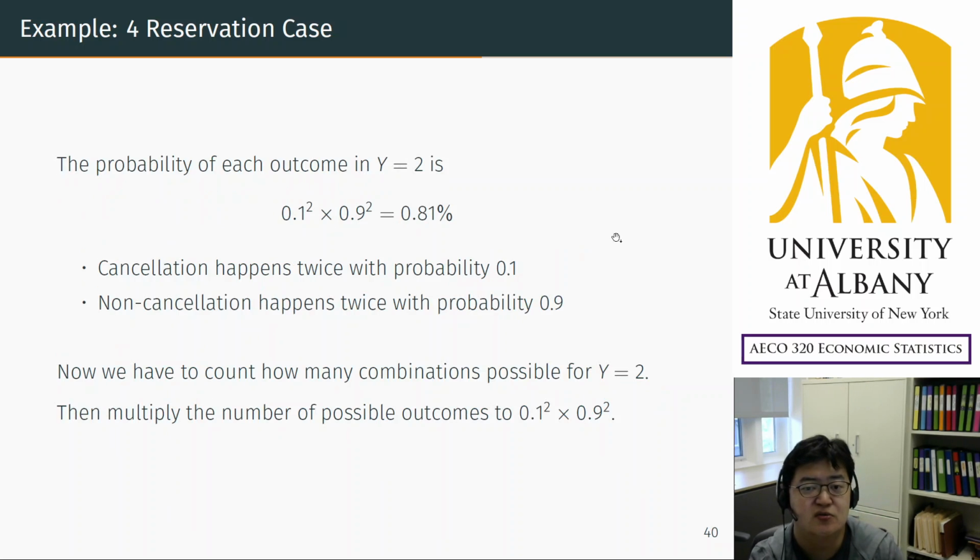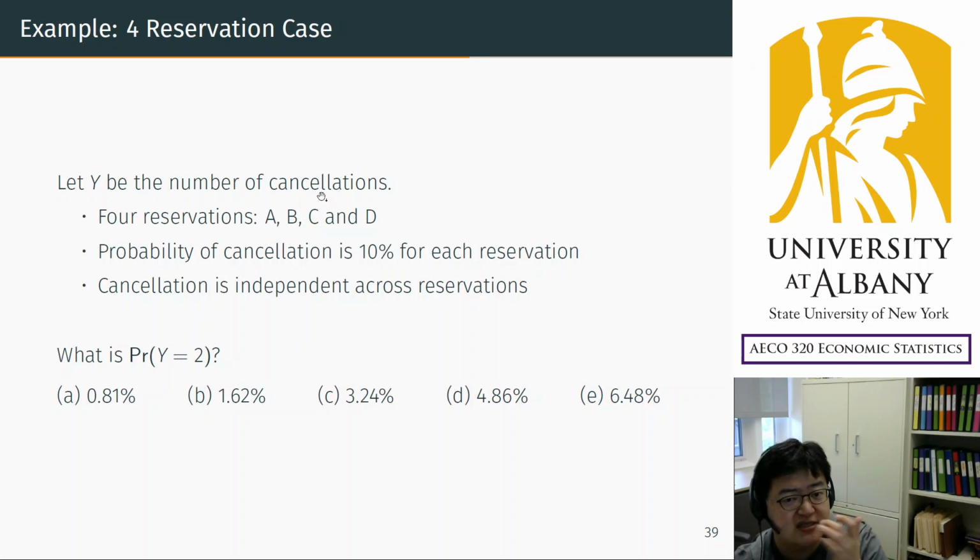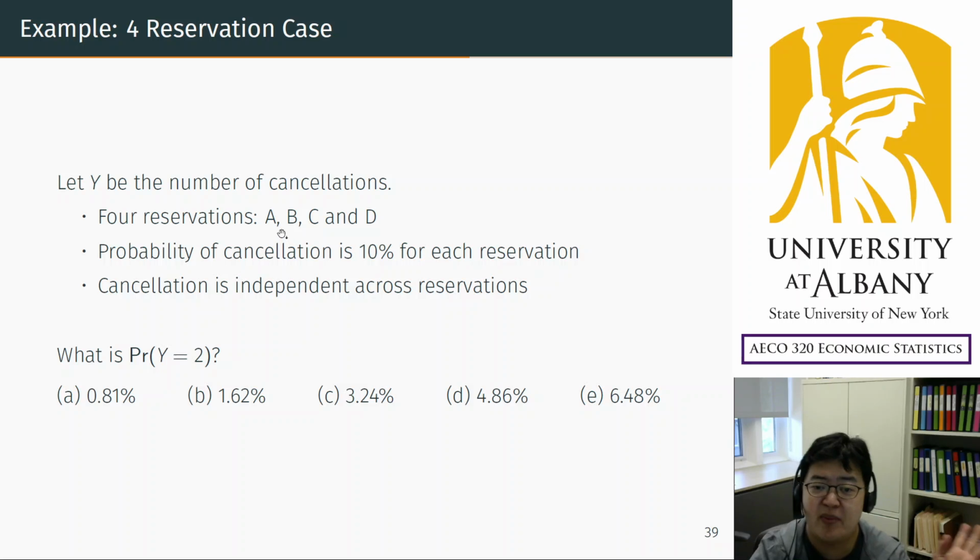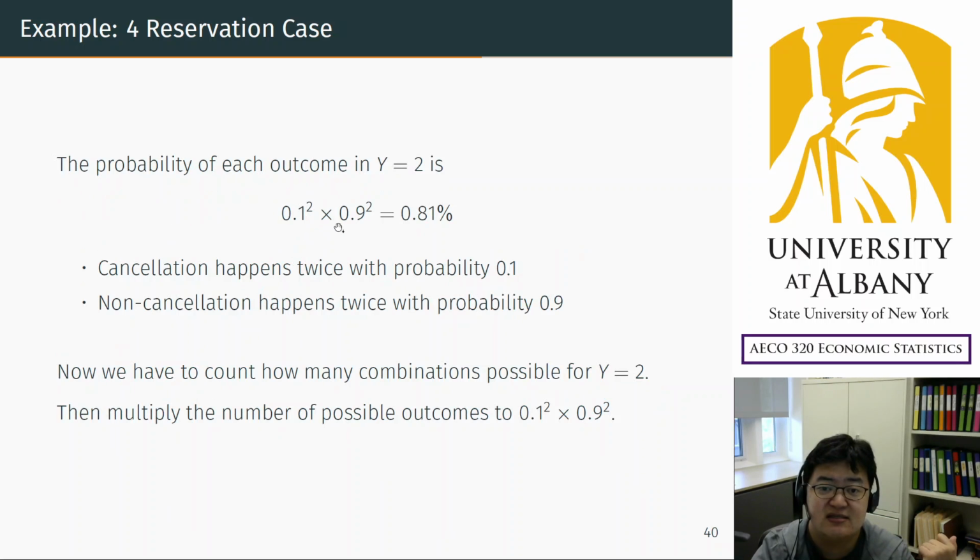We are going to calculate. By the way, when there are four reservations, it's 2 by 2 by 2 by 2, so 16 possible outcomes. But let me use the patterns we found first. A single outcome, in this case, can be calculated this way.